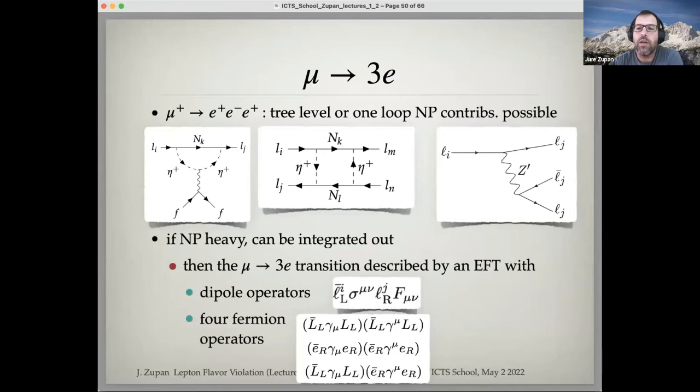Very good. Why the dimension 6? Let's see if I can annotate. Maybe if I stop sharing, I can get the annotate. No. Is there a way for me to annotate in this, Jim?